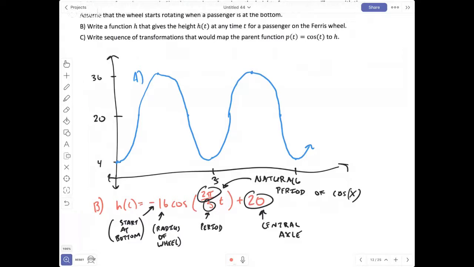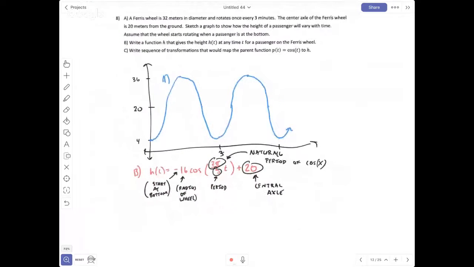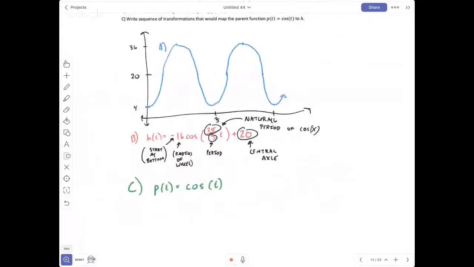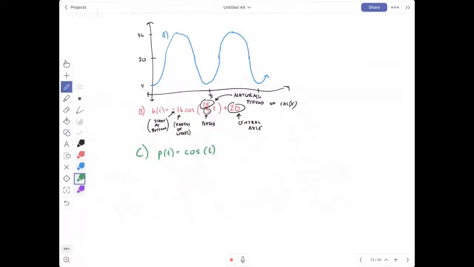Okay, and then C: how would I get from cosine of t to h? Parent function p of t equals cosine of t. I'm going to start by getting this negative in here, so negative p of t, which would be negative cosine of t.